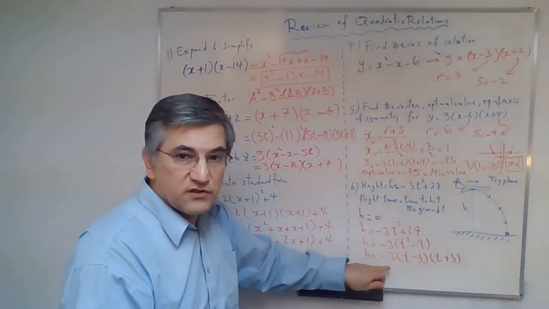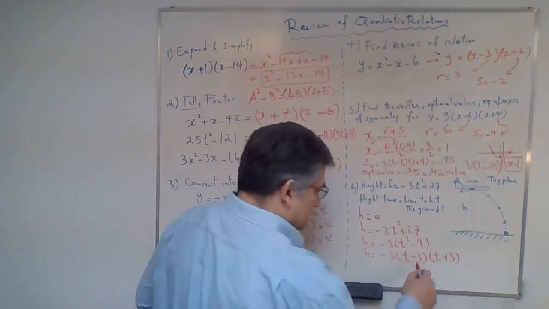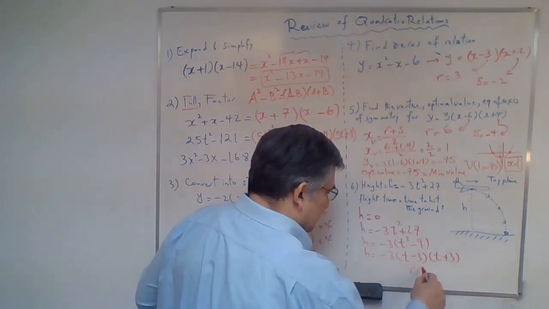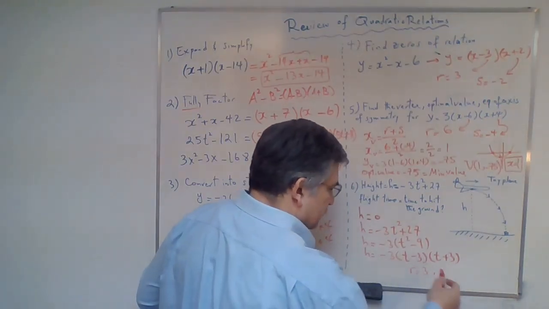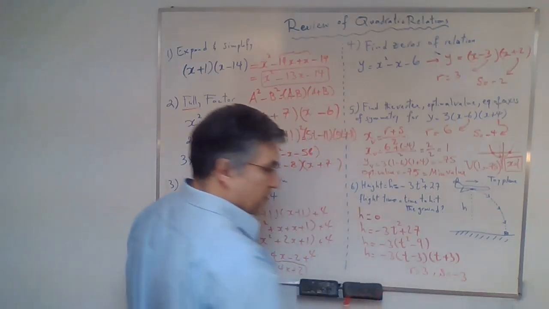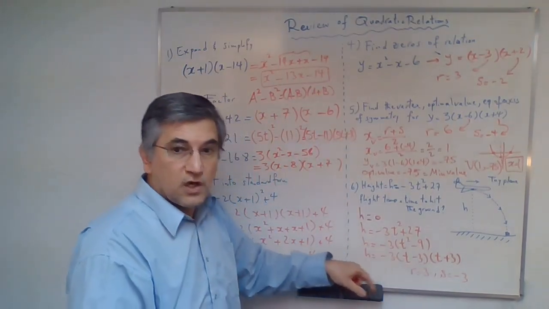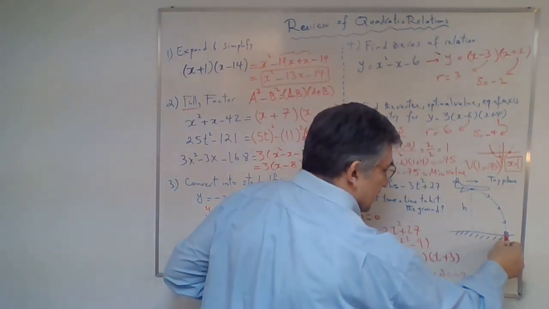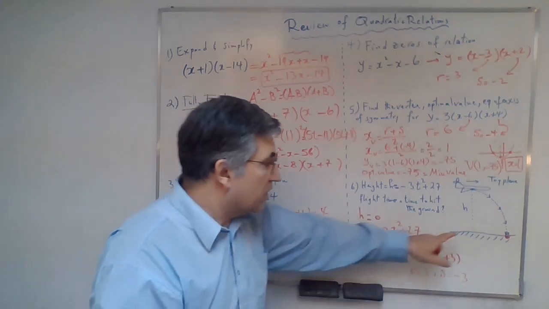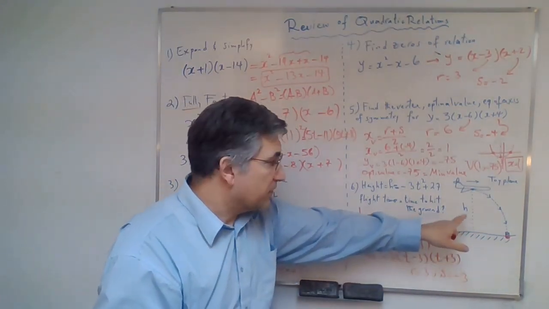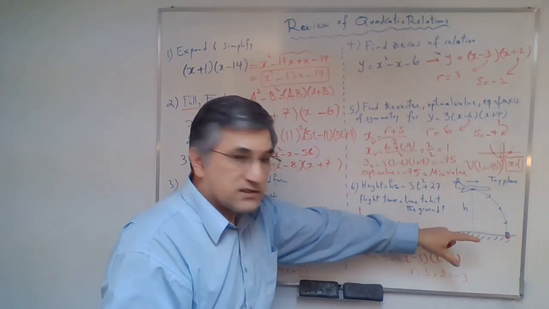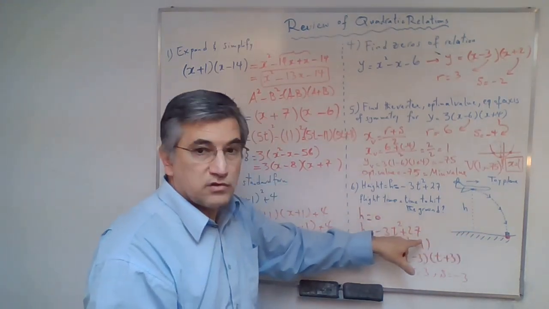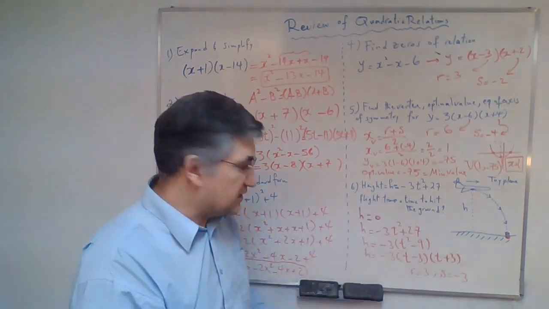And the zeros of this relation are clearly r is positive 3, and s is negative 3. All right. So we have two zeros, two x-intercepts. And one of these x-intercepts is actually the point where the graph intersects the horizontal line, or the object hits the ground, basically.